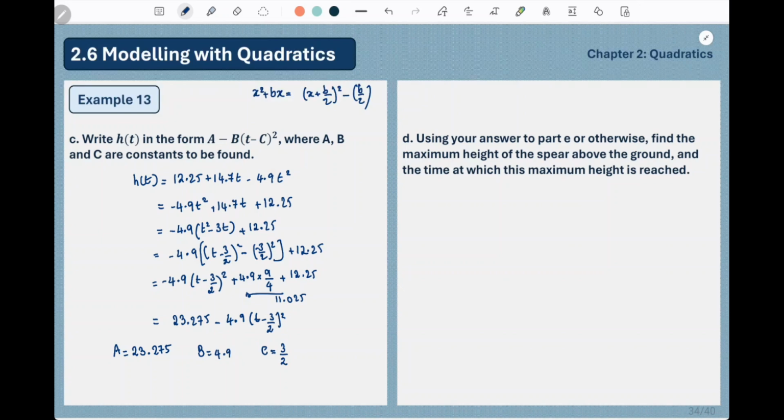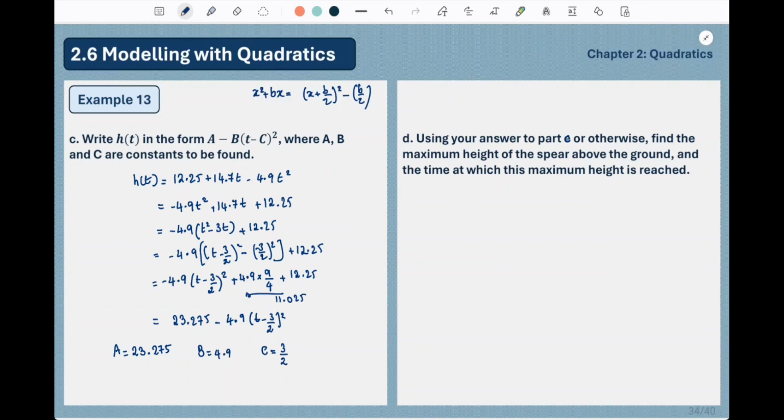And now we've got to use our answer to part C. Using part C, or otherwise, find the maximum height of the sphere above the ground and the time at which this maximum height is reached. So what we've just done is complete the square, and we know from studying the graphs in our previous session that a maximum can be found using this form.